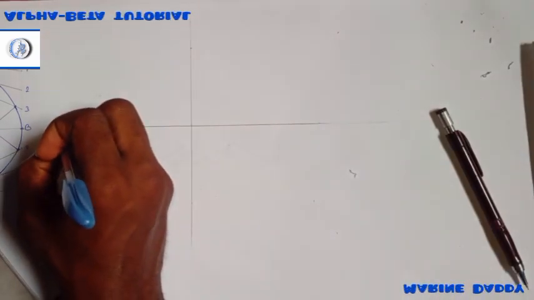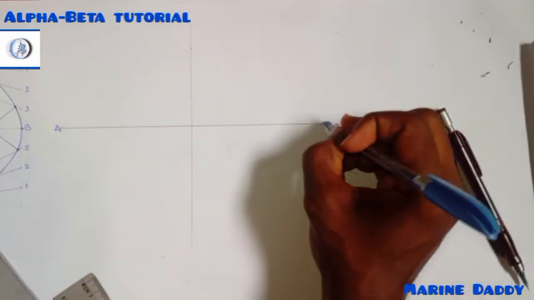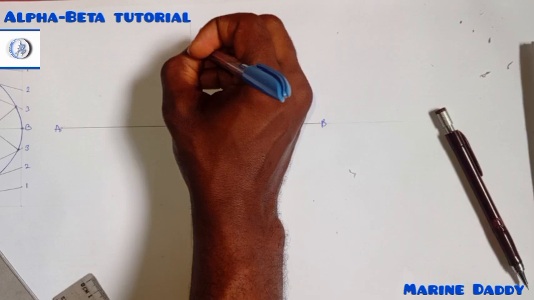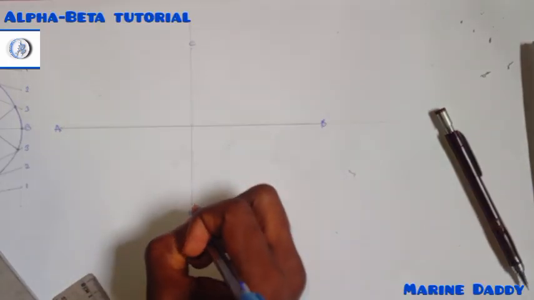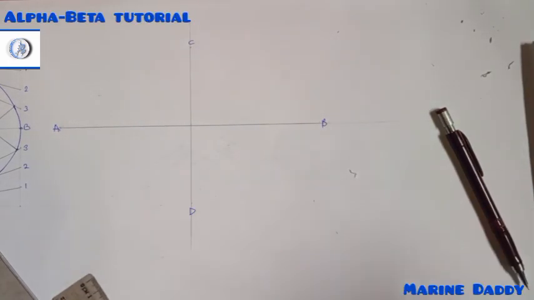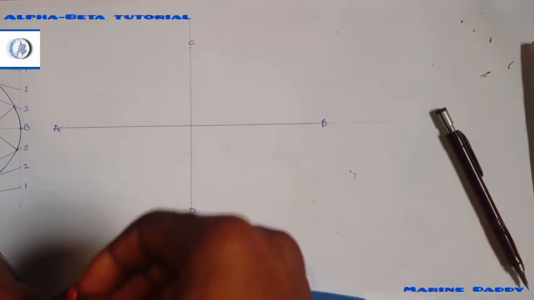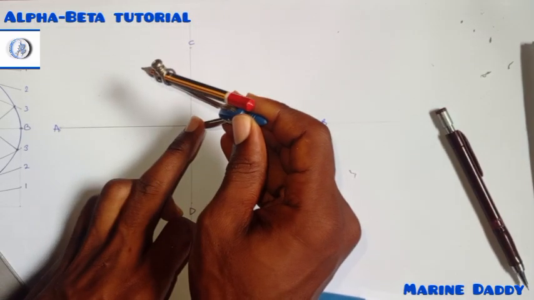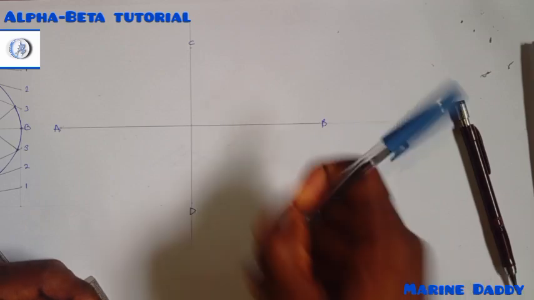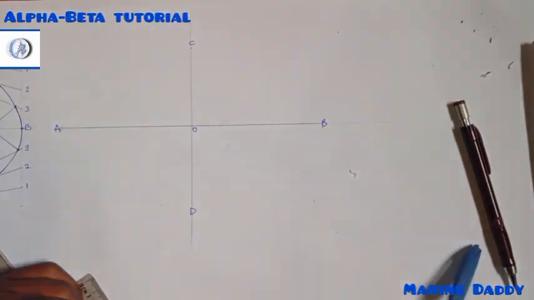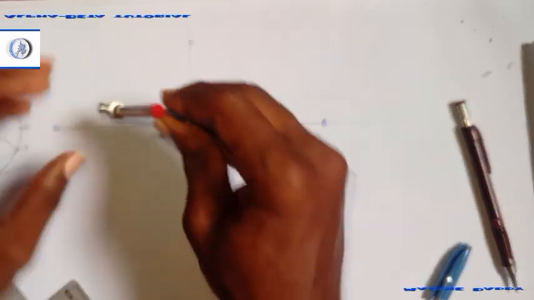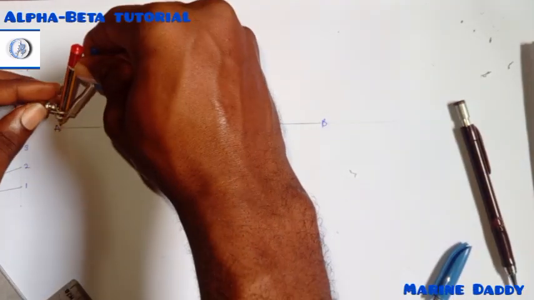This side becomes my A, B, C, and T. So once I do this, I'll open my compass from, let's say this part becomes my letter O. So from letter O to A or O to B, anyone you can pick, still the same thing.